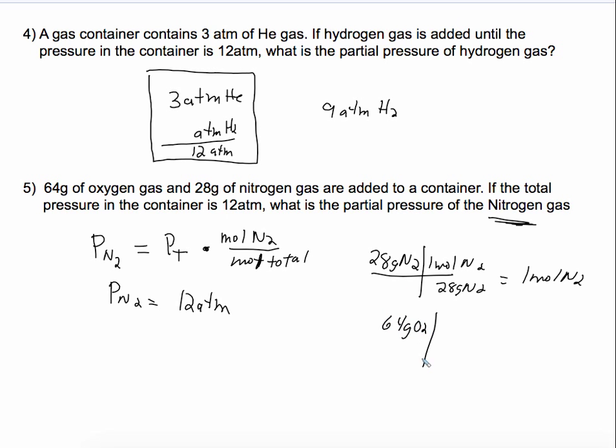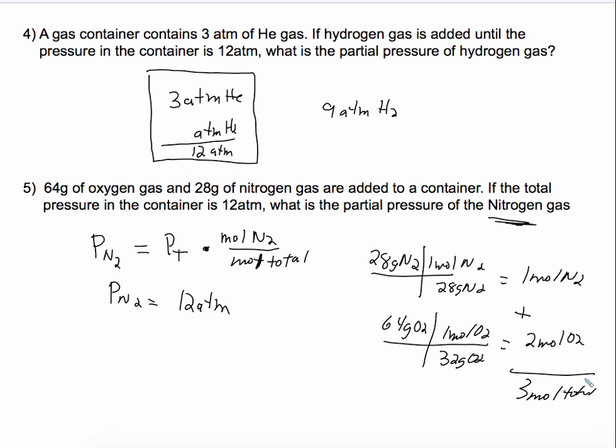So basically you have 1 mole nitrogen. And then you're going to do the oxygen. You have 64 grams O2, and 1 mole O2 is equal to 32 grams O2. So 64 times 1 divided by 32, that's 2 moles oxygen.